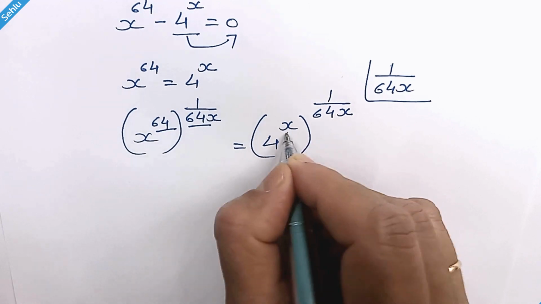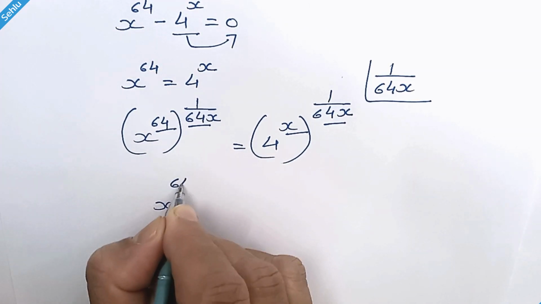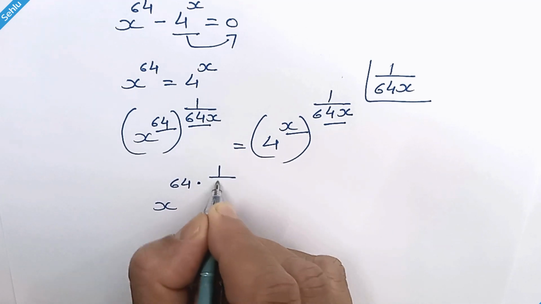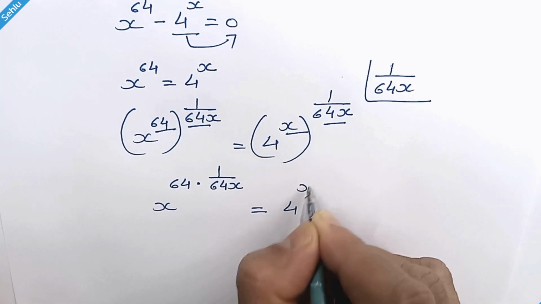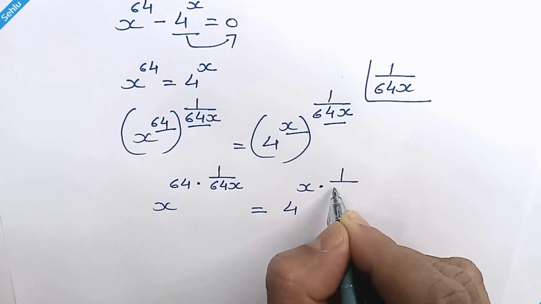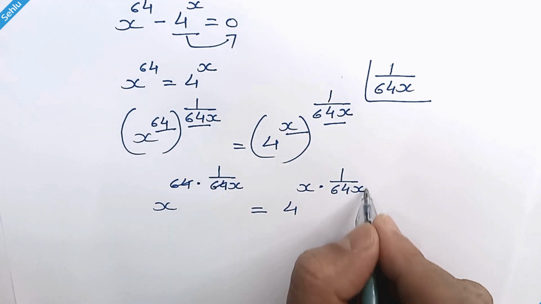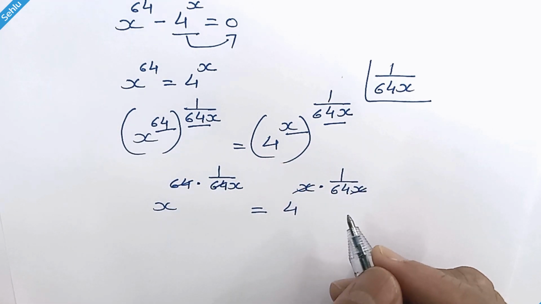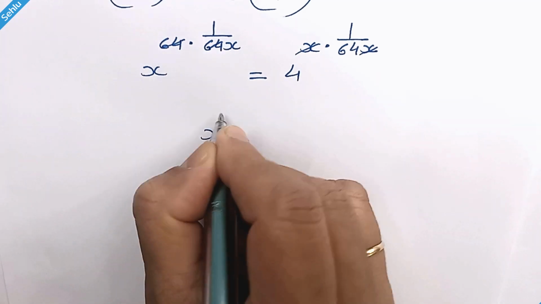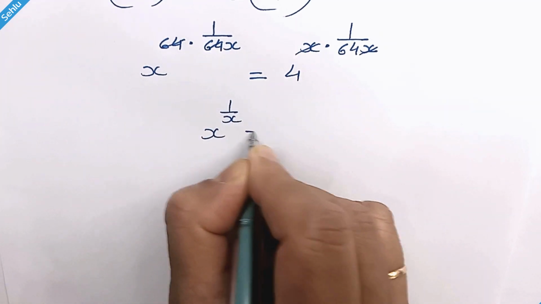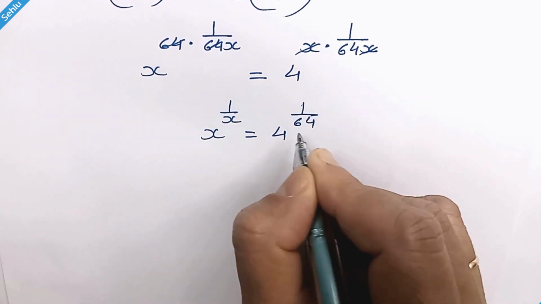Now these two exponents can multiply, so this and this will eliminate each other. Now we have x to the power 1 over x is equal to 4 to the power 1 over 64.